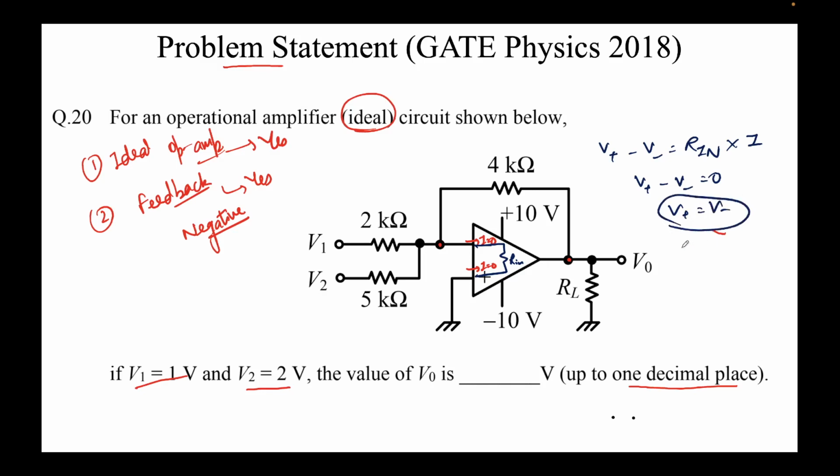This condition is known as virtual short. Why short? Because both these terminals have the same voltage. Why virtual? Because they're not actually shorted using a wire. It's just that due to the peculiarity of the op-amp, these two nodes will be at the same voltage, and the way to denote it is we use a dotted line to connect these two to denote that this is a virtual short.